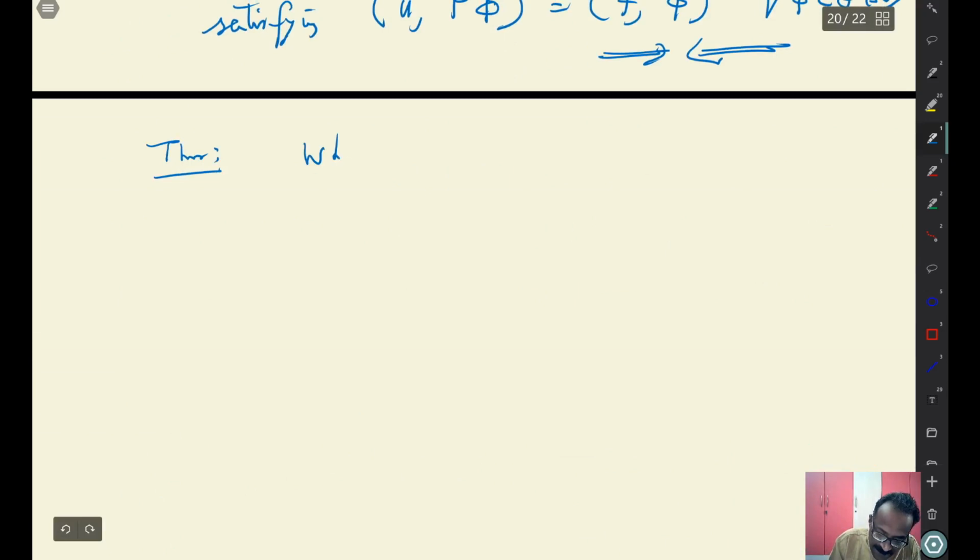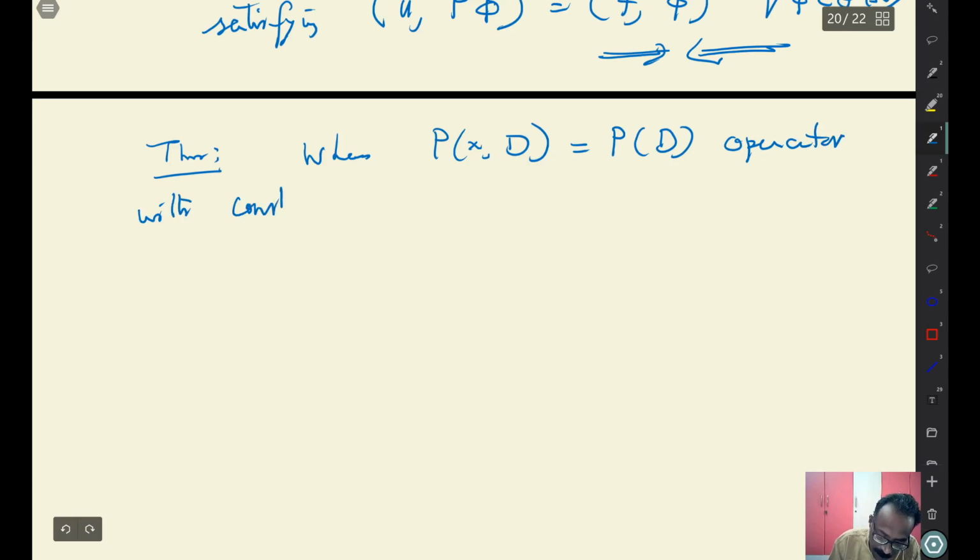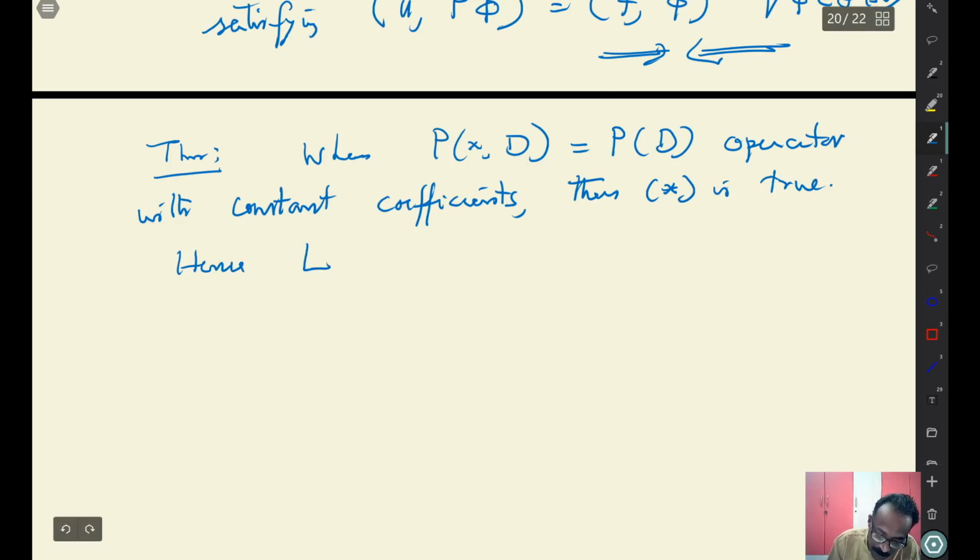When P of x, D is equal to P of D, that means an operator with constant coefficients, then star is true, and hence L2 existence.